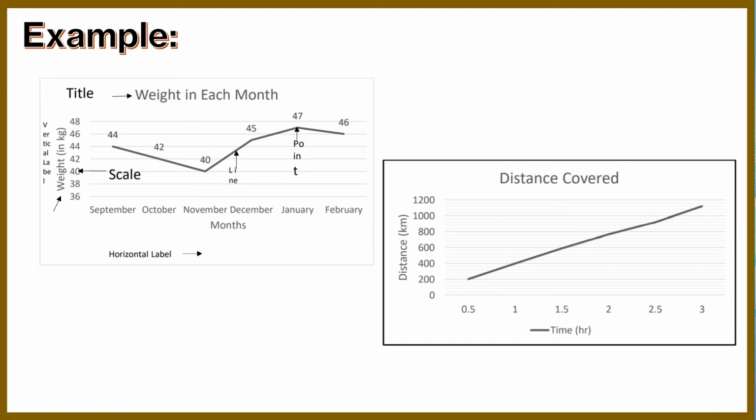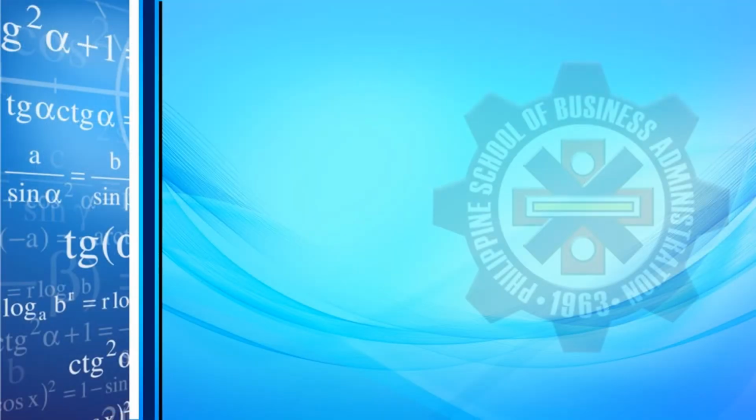And also, in our x-axis, we have here time in hours. So, kung kanina, naka-label lang siya as month, ito naka-time in terms of hour, but then naka-equidistance din yung kanilang scale. 0.5, 1, 1.5, 2, 2.5, and 3. So, yung kanilang distance ay 0.5 from each other. Okay, so yun.